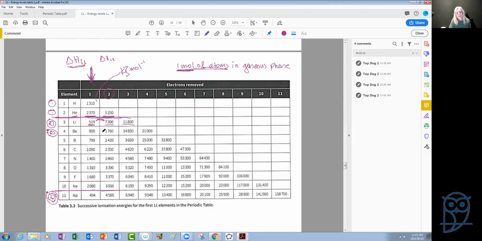Although these two numbers are relatively close to one another, from there to there, there's a big gap again, from 1,700 to 14,000, nearly 15,000. And if we go further down now, for boron, 599 for the first electron, about 2,500 for the second, then about 3,600 for the third.